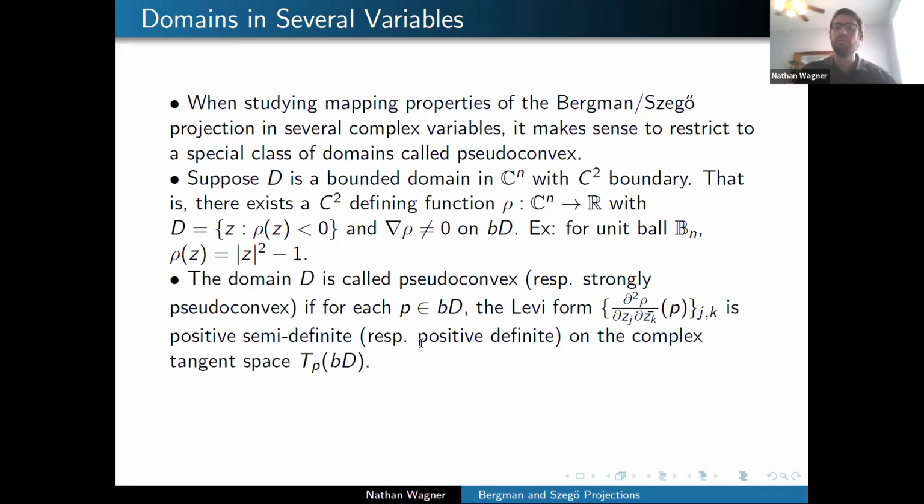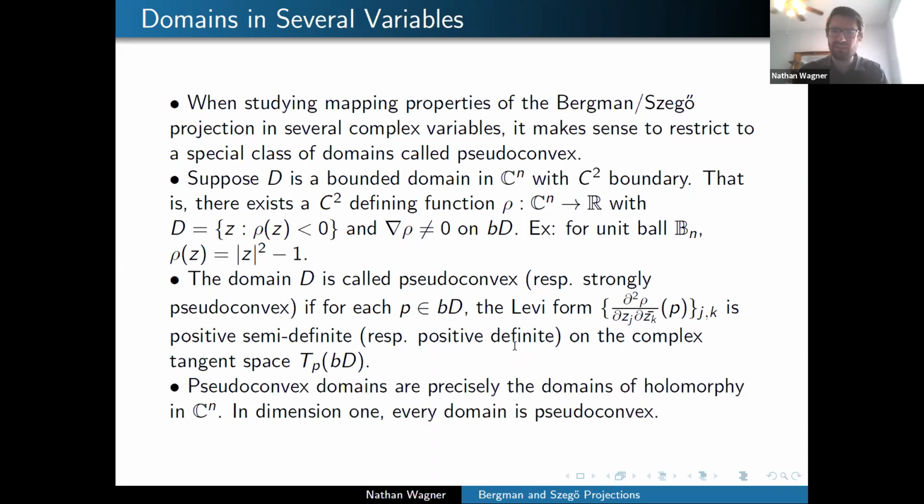And so a way to define pseudoconvexity and, respectively, strongly pseudoconvex is that for each point P in the boundary, what's called the Levi form, which is this matrix of mixed second partial derivatives, is positive semi-definite, or respectively positive definite in the case of strongly pseudoconvex, on the complex tangent space. So that's kind of an ugly definition if you're not familiar with several complex variables.